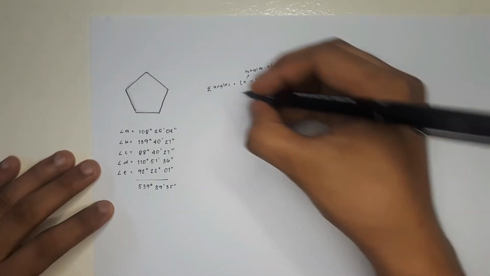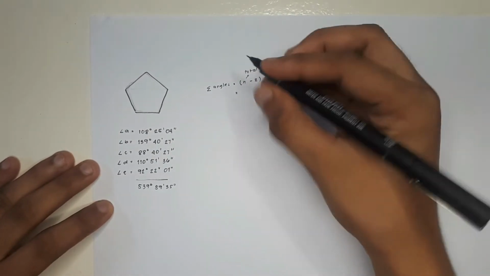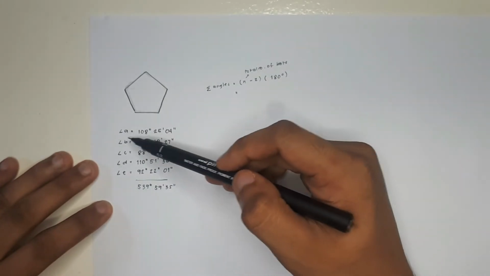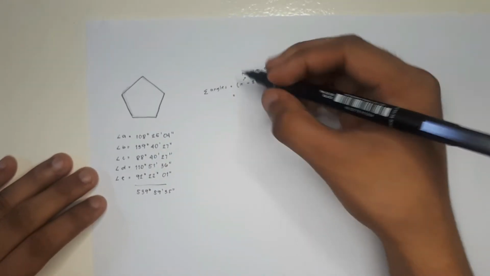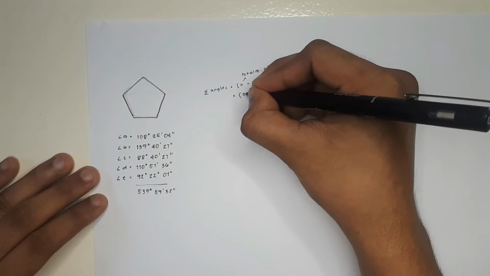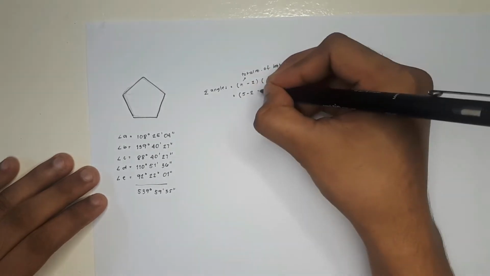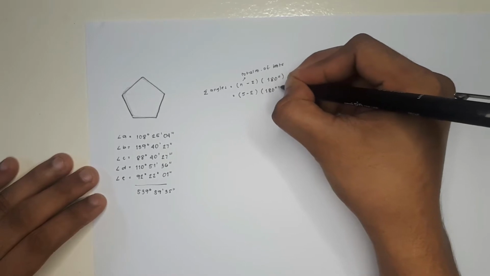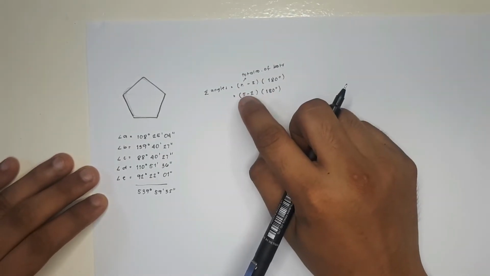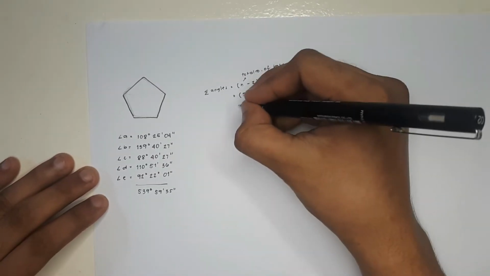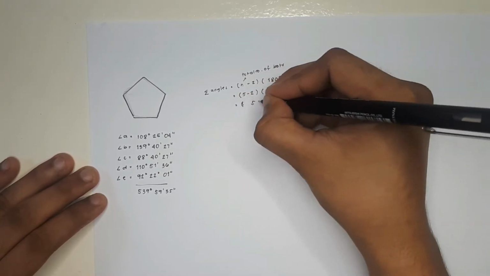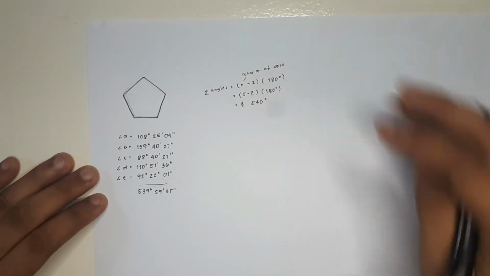So n, we have here 5 angles or knots, so this will be 5 minus 2 times 180 degrees. So 3 times 180 degrees, this will be 540 degrees.